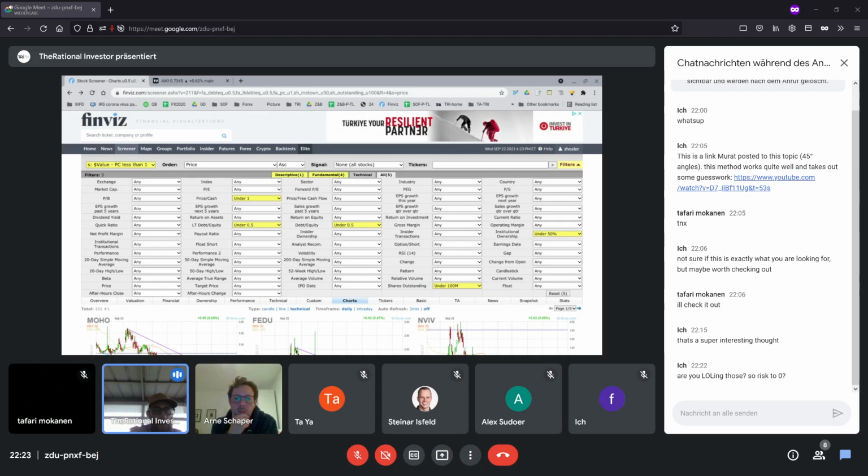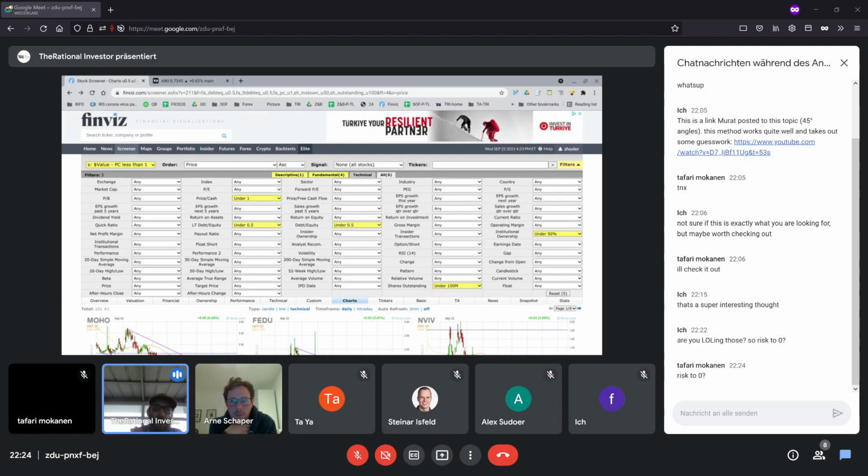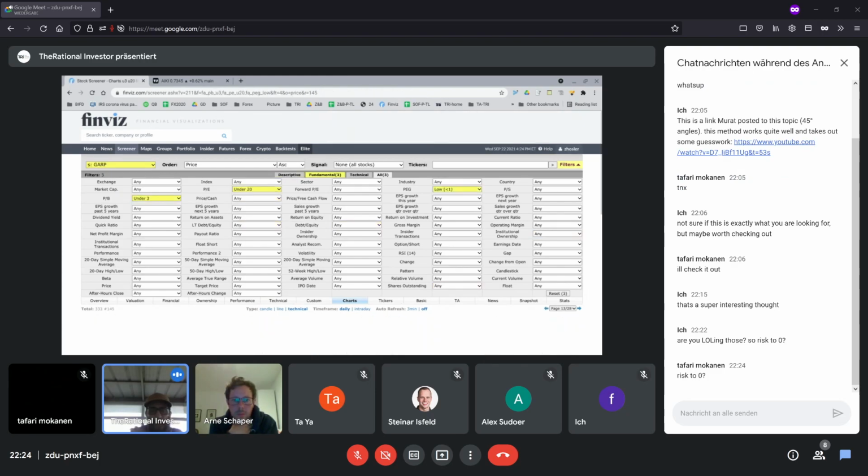And then this one is really similar to the other ones. By the way, I do have a GARP screener in here, which is kind of the combination of value and growth together, which I really like. They're hard to find, in my opinion. I don't come across very many. This isn't a true GARP screener because I don't think FinViz allows you to put the settings needed.